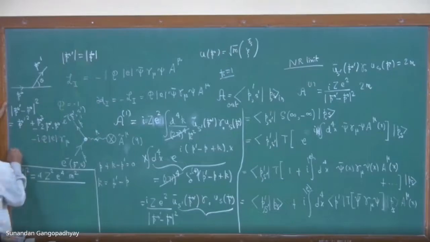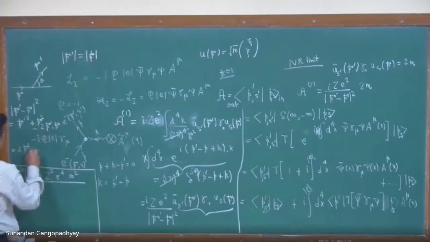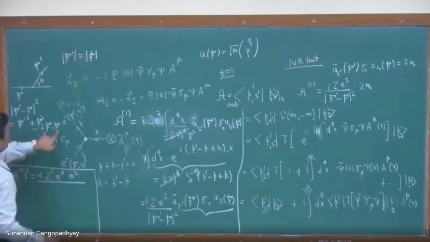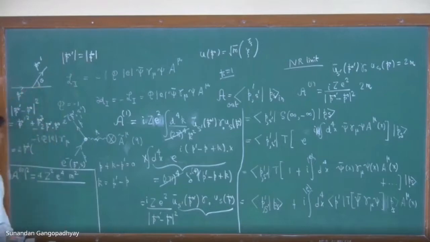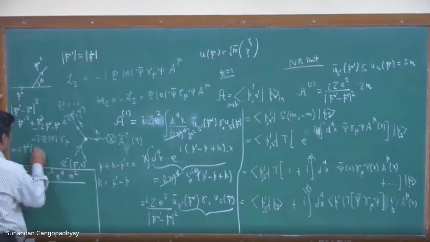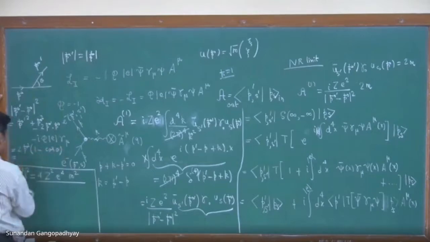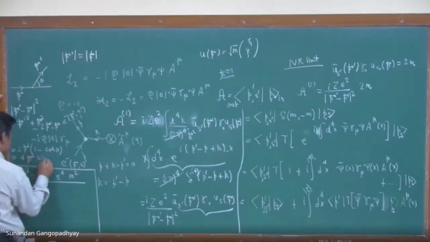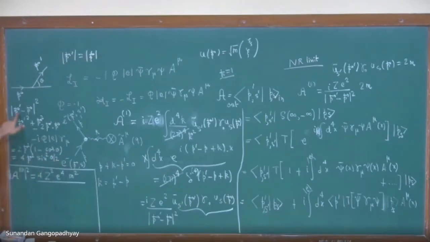Therefore, this will give you 2 p vector square, and this is basically the angle between p and p prime, the angle is theta. So it was 1 minus cosine of theta. So that is 4 p vector square sine square theta by 2. So that is what |p prime minus p| mod square is.